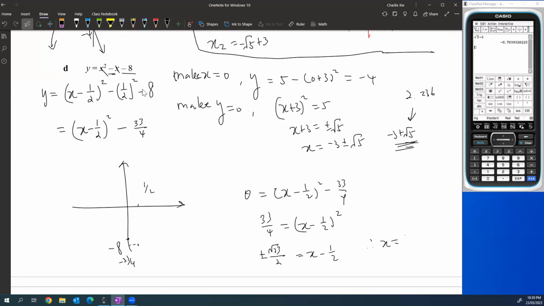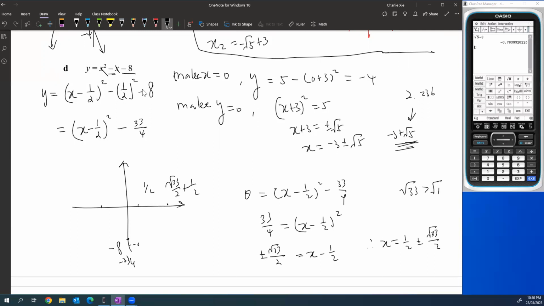Therefore, x equals 1/2 plus or minus square root of 33 over 2. So you have square root of 33 over 2 plus 1/2. And 1/2 take away that number is definitely negative because square root of 33 is bigger than square root of 1, so you're taking away a much larger number.